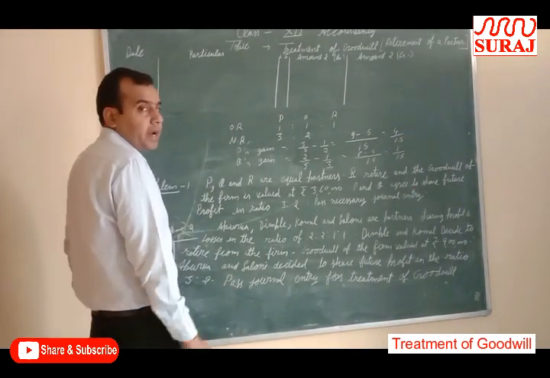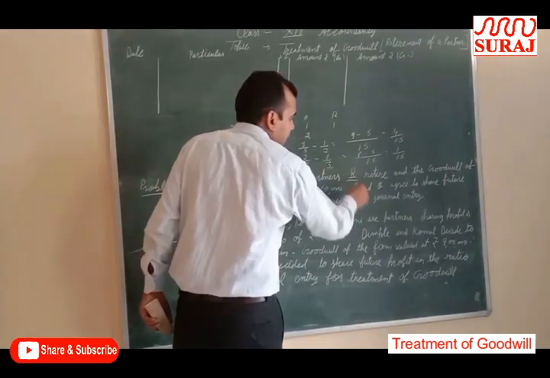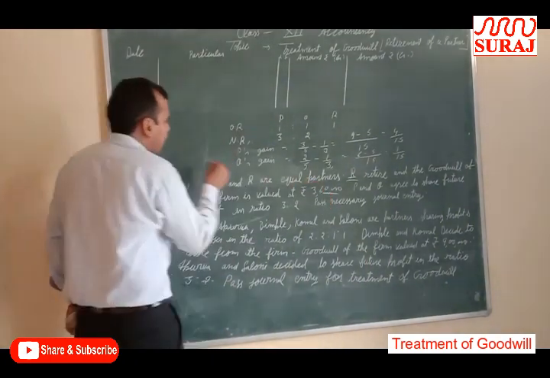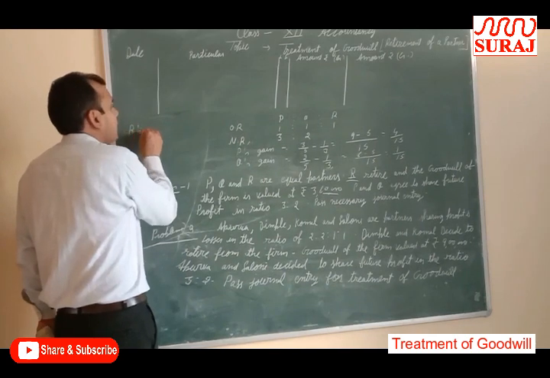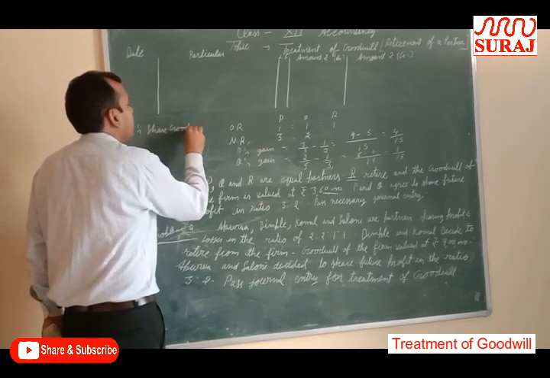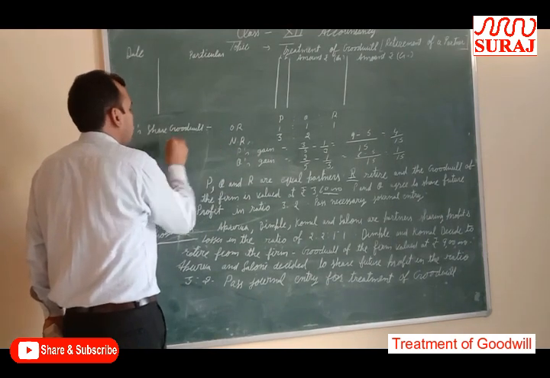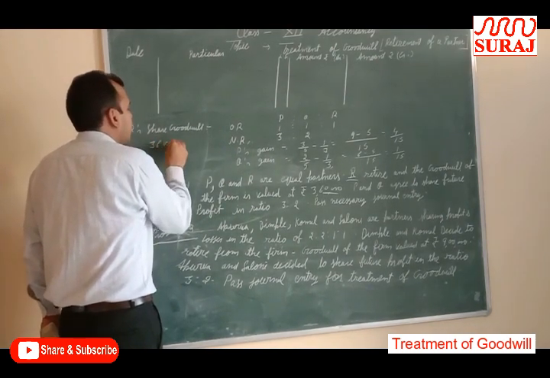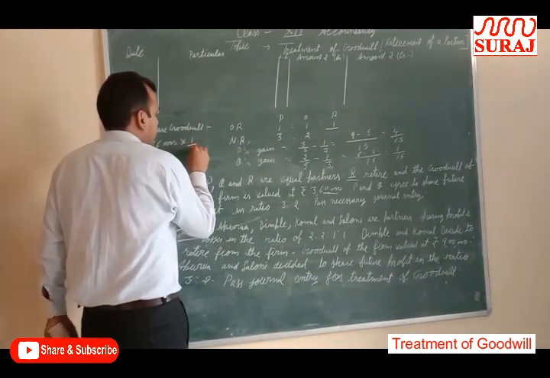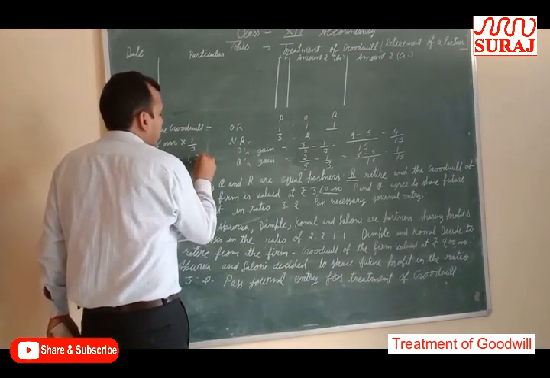Now I will calculate the retiring partner's share of goodwill. R's share of goodwill: firm goodwill 360 multiplied by R's share 1/3, result 1,20,000.